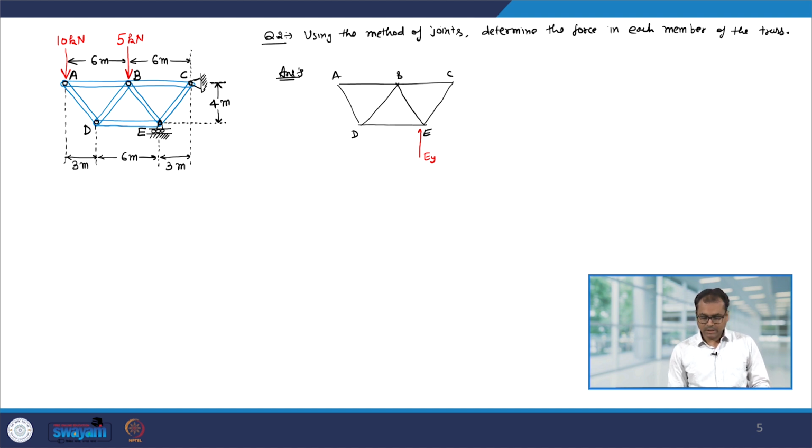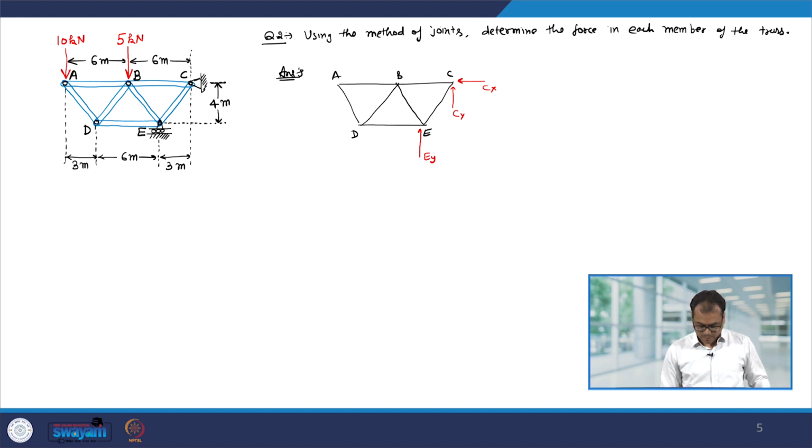At point C you have a pin support, so there will be a force along the x direction, let us call it Cx, and then there will be a force in the y direction, let me call it Cy.